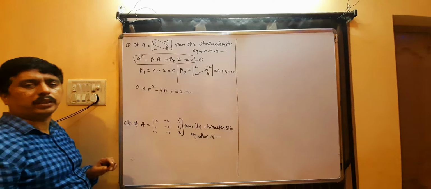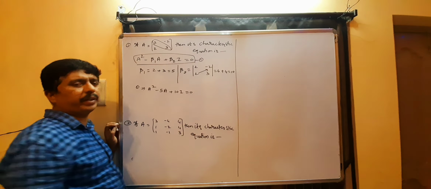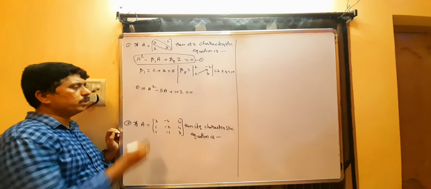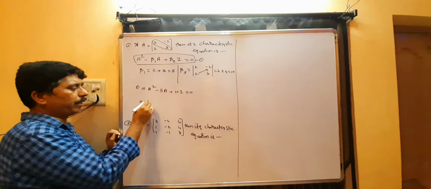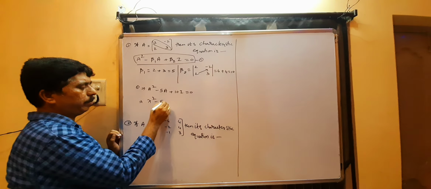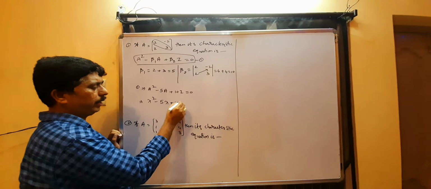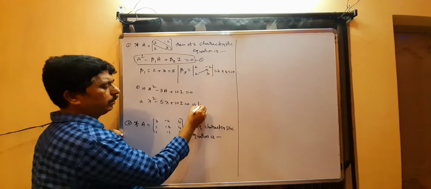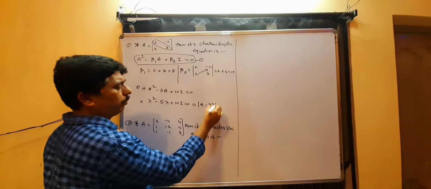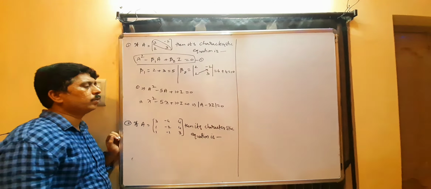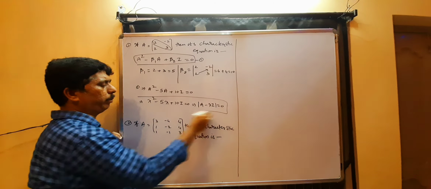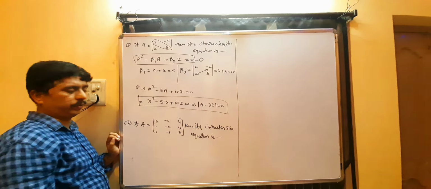This is the characteristic equation. It is in the form of determinant of A minus lambda I equal to 0, replacing A by lambda: lambda square minus 5 lambda plus 10 equal to 0. Every square matrix satisfies its characteristic equation.